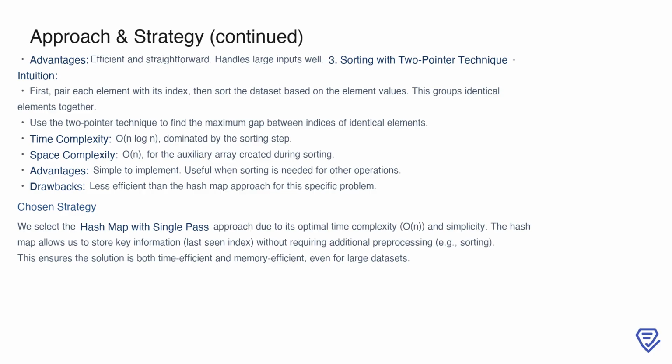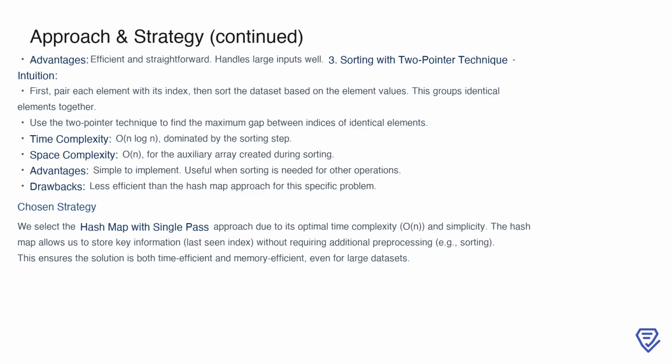After sorting, we use a two-pointer technique to find the maximum gap between indices of identical elements. While this approach is straightforward to implement and can be useful when sorting is required for other operations, it is not as efficient as the hash map method. The sorting step dominates the time complexity, making it n log n, and it requires additional space for the auxiliary array, resulting in a space complexity of n.